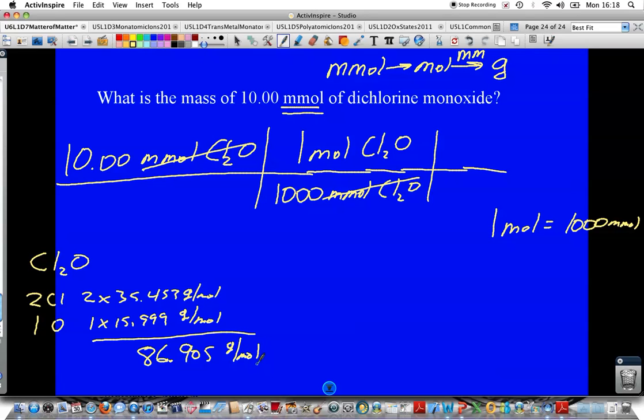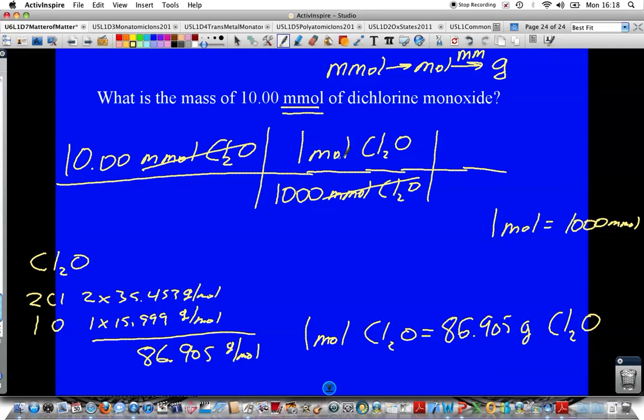So then I have to write that as a conversion factor. It's that many grams in 1 mole. So I'm going to write that as 1 mole of dichlorine monoxide is equal to 86.905 grams of dichlorine monoxide.